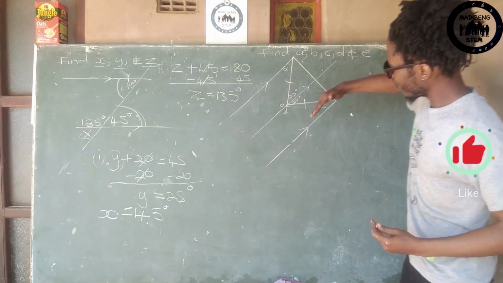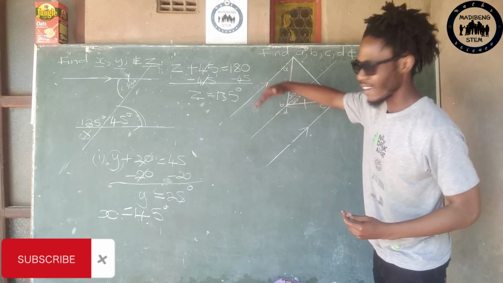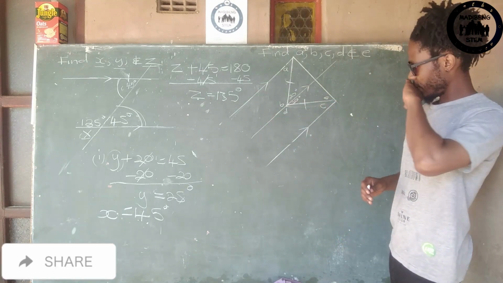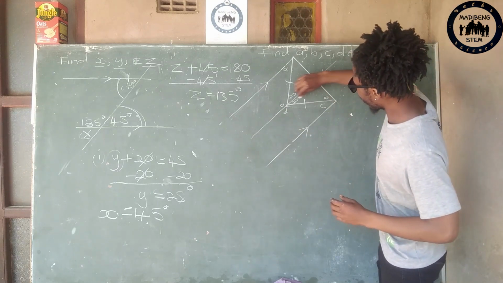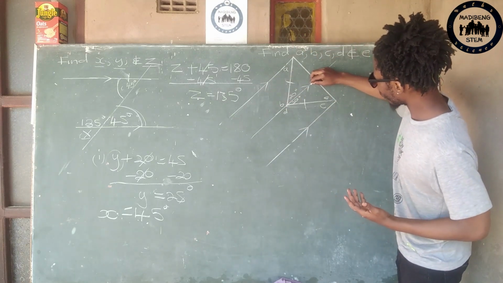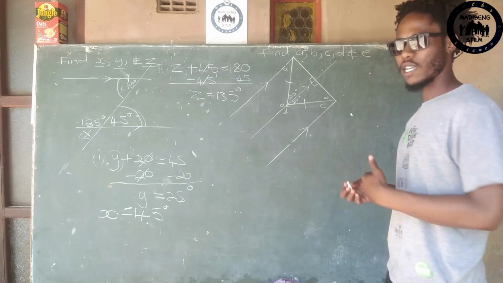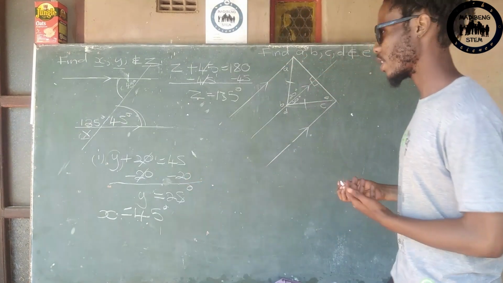We can see these are three parallel lines. And then we have a triangle here. We can always divide the triangle and make two right-angled triangles.